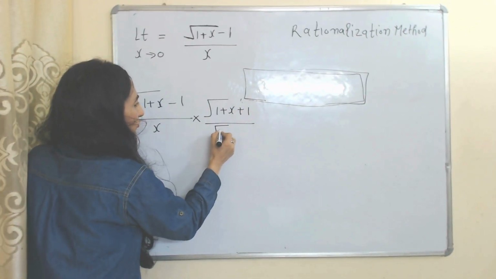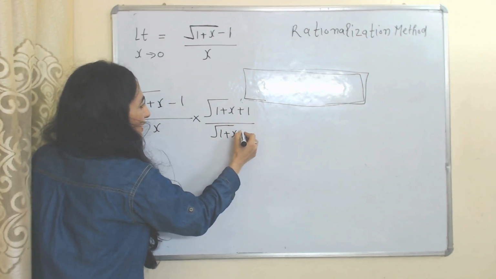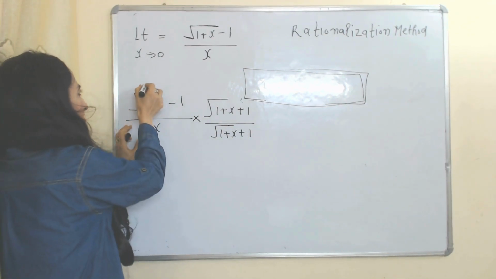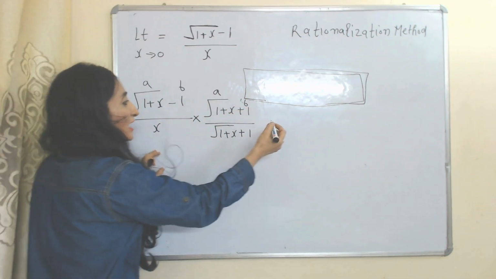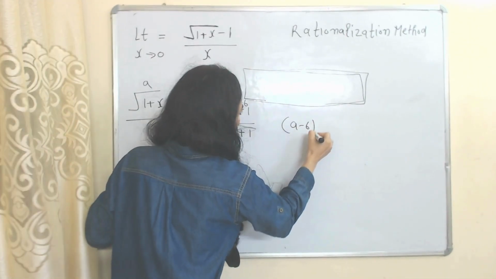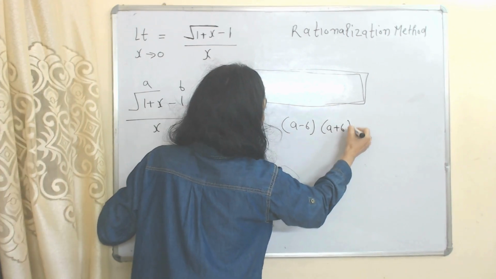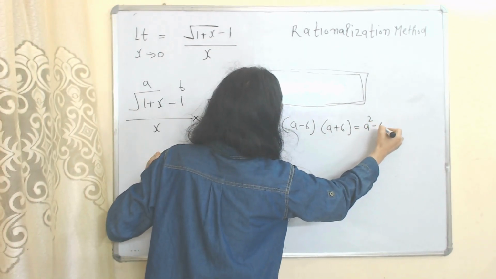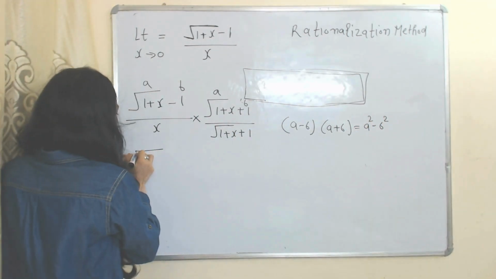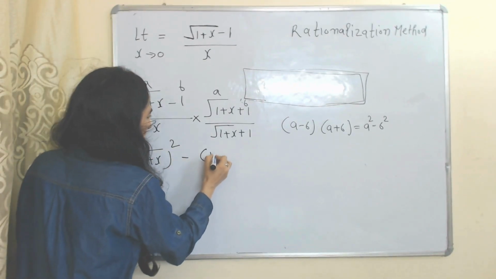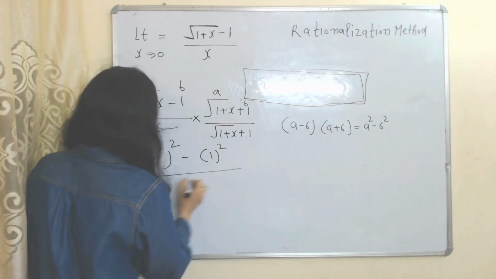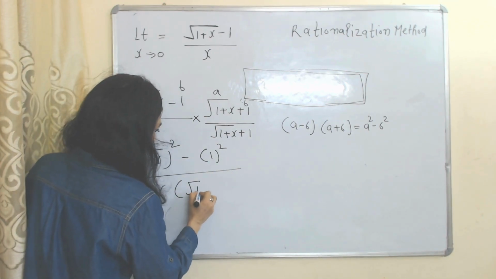This is a, this is b, this is a and this is b. As we know, (a minus b)(a plus b) is equal to a square minus b square. So this one becomes equal to this and this one becomes equal to this, and below we have this one.